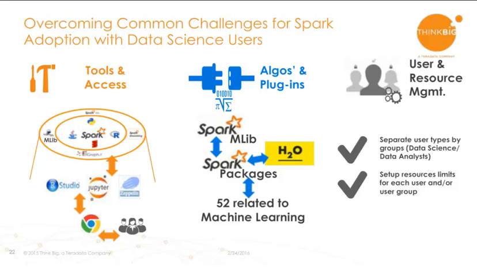If they do, excellent, fantastic, you can leverage those to solve your business problem with these additional plugins. I had a look a few days ago, and there are about 52 related machine learning packages on the Spark package portal. That means that many Spark practitioners are already developing and extending MLlib to incorporate other algorithms, other processes, other methodologies that will help us solve business problems.